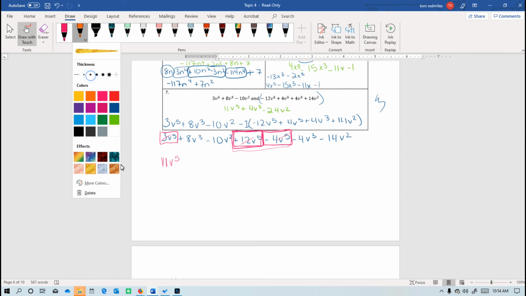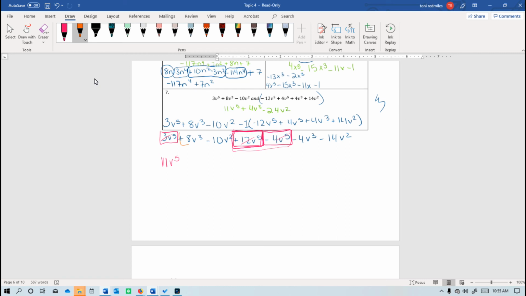Let's just change the thickness down. Okay, well, it is what it is. All right, so I have this term that has a 3, and this term that has a 3. So 8 minus 4 is going to give me a positive 4v to the third. Okay, so this one's done, this one's done.